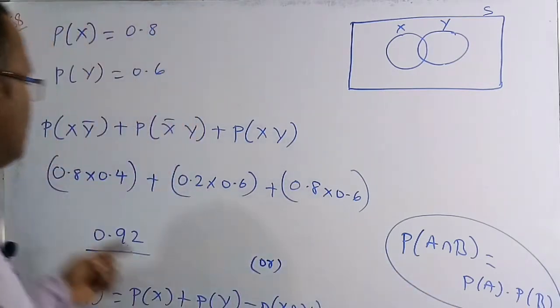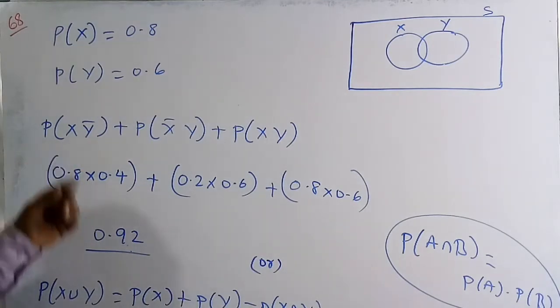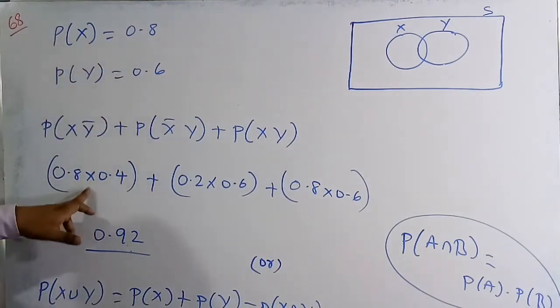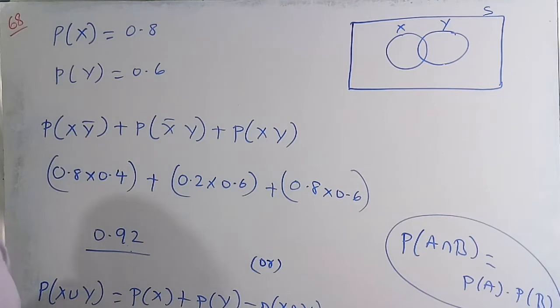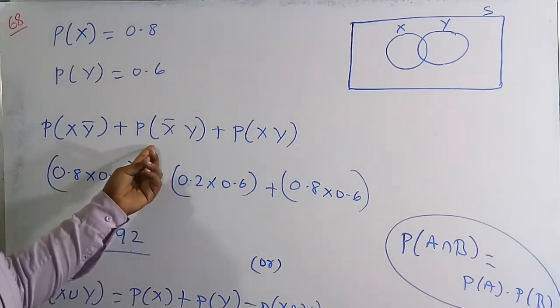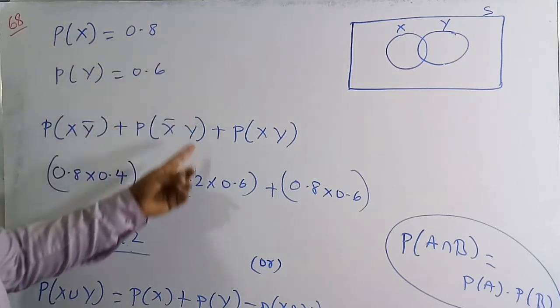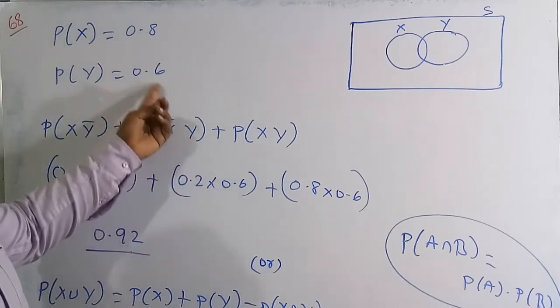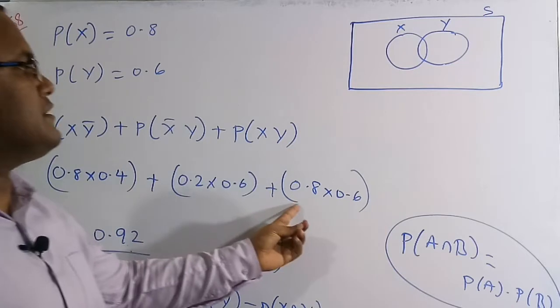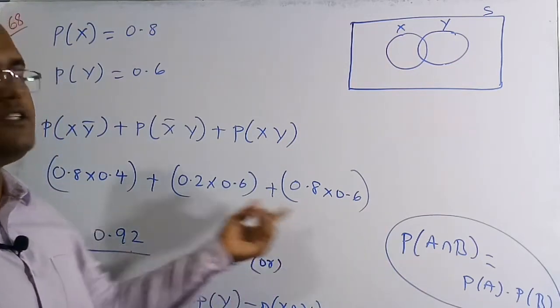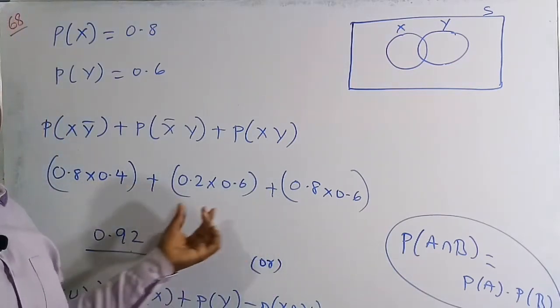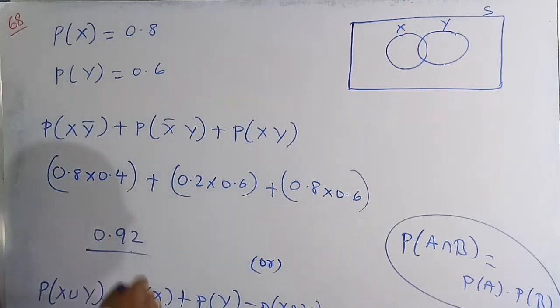So the product of P of X into P of Y complement: P of X is 0.8 into P of Y complement, which is 1 minus 0.6, so we get 0.4, plus the probability of X complement, which is 1 minus 0.8, so we get 0.2, into the probability of Y, which is 0.6, plus the probability of X into the probability of Y, which is 0.8 into 0.6. If you do the multiplication and the addition, finally we get 0.92.